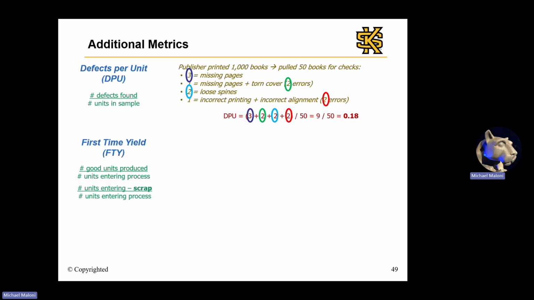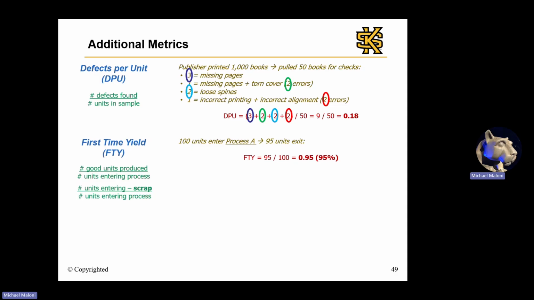For example, if 100 units enter process A and 95 units exit, meaning that 5 were scrapped, then first time yield is 95 divided by 100, which is 0.95. 95% first time yield for process A.